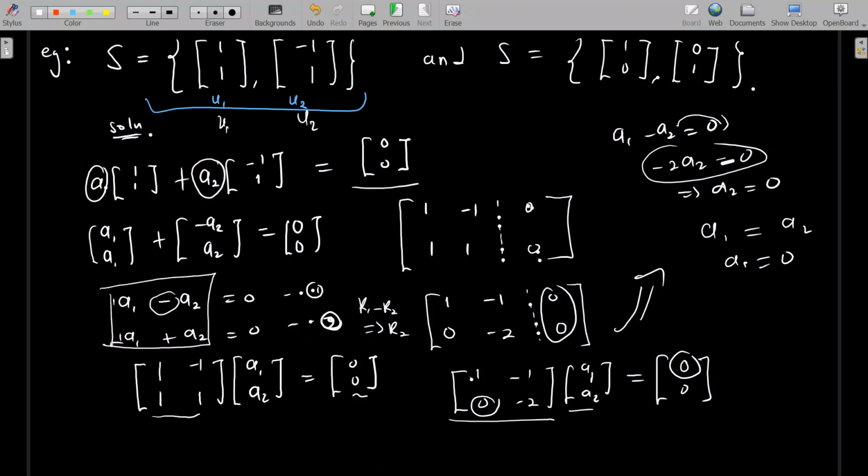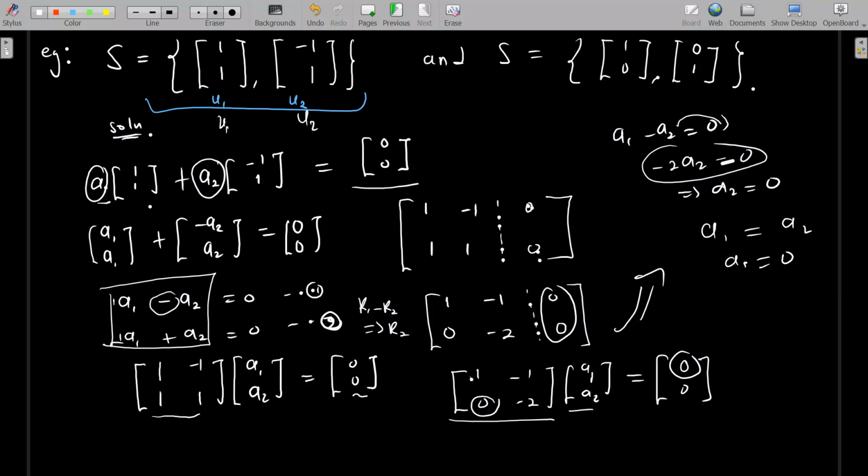Like I said, you can use a very straightforward simultaneous equation. Add these two equations, you're going to get 2a1 equals 0, meaning a1 is 0, and then a2 will be 0 as well. So these two values that we've gotten for the scalars, a1 and a2, are zeros, and that is the only option giving us this linear combination to be 0.